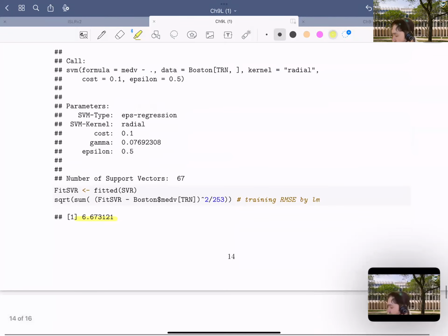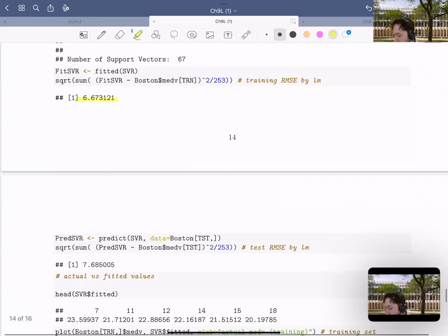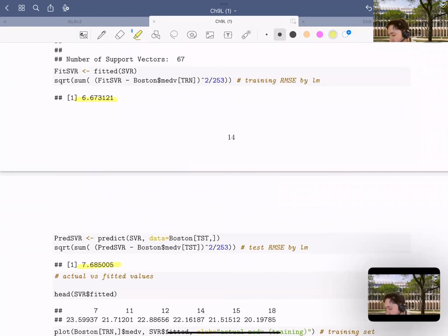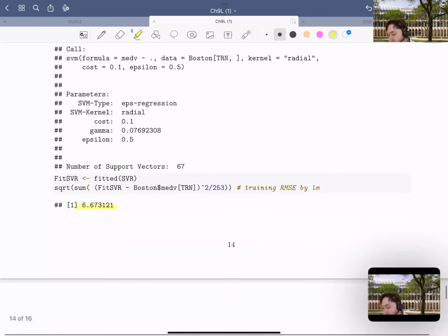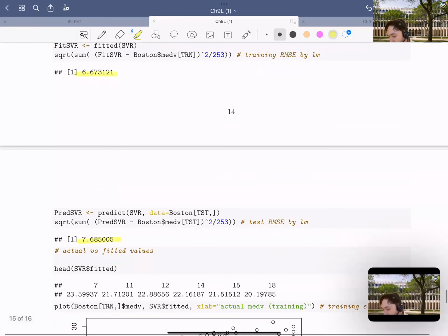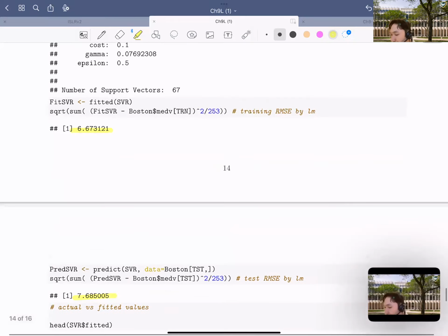This is actually larger than the previous one, but the test error is 7.68. So it improved a pretty large amount. 8.94 was the previous result, but that becomes 7.69. That is, I think, more than 10%, maybe 15% smaller. So that is a good achievement.